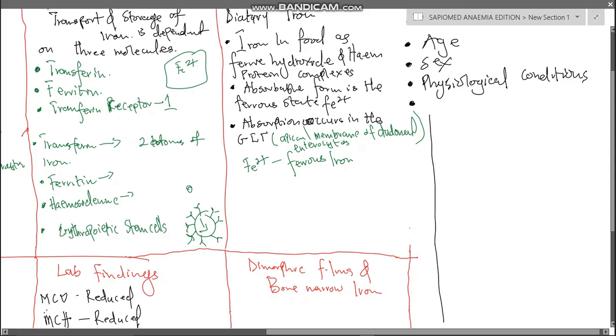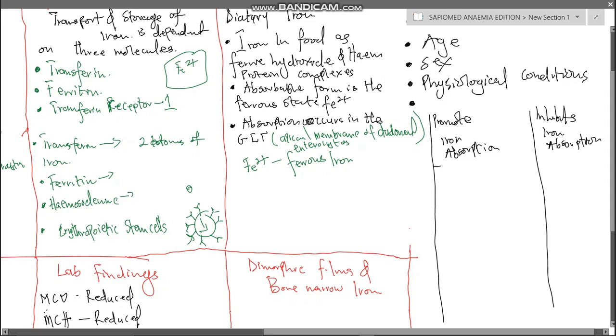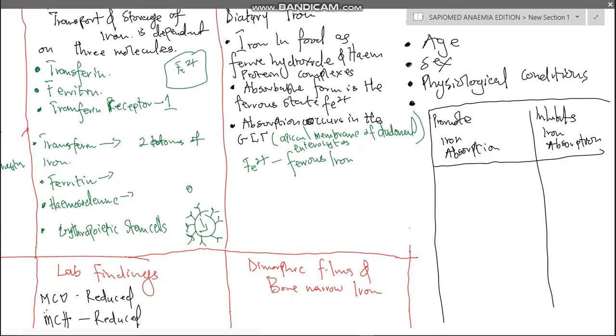Okay, so factors that promote iron absorption and factors that inhibit iron absorption. All right.